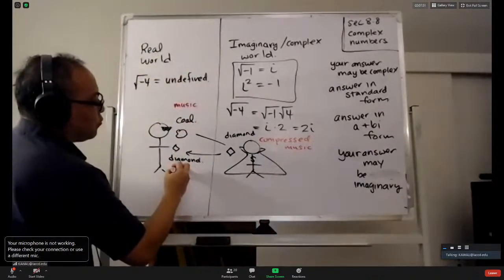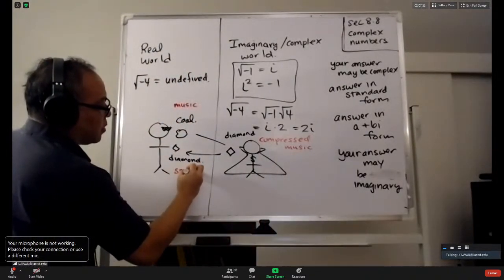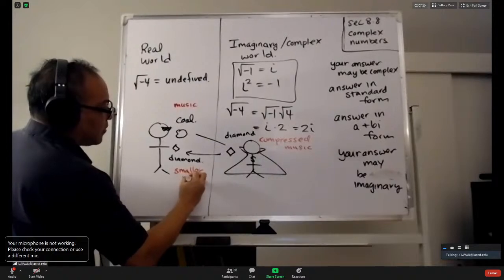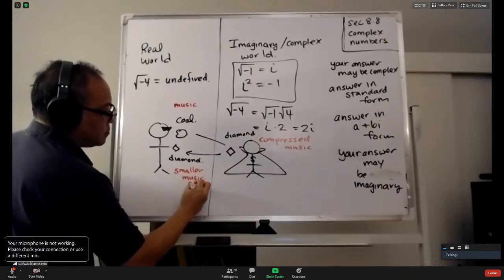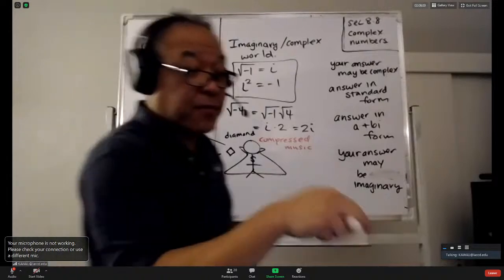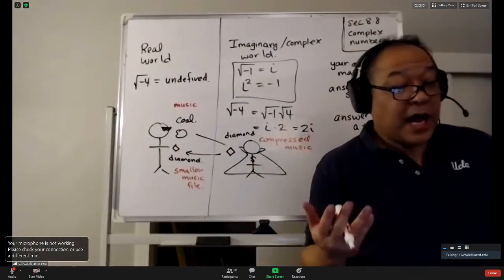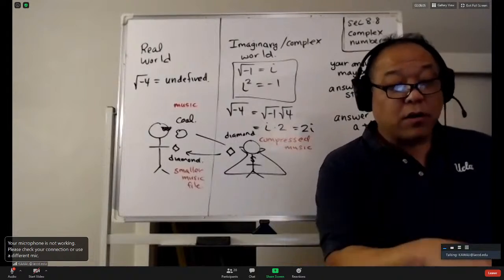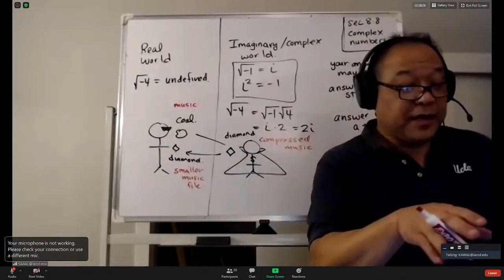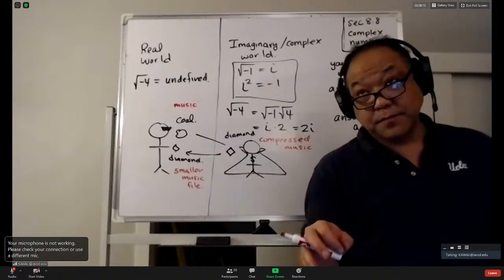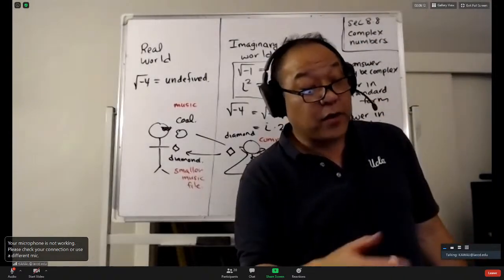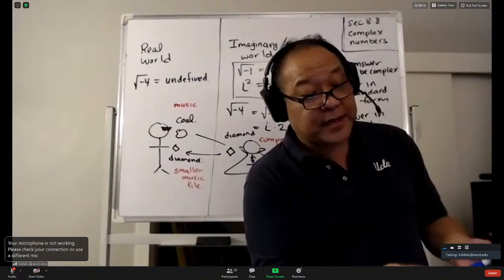Then over here, when you return it, you have a smaller music file. And then when I press on my song and listen to it on my iPhone, I now hear it in the real world. So all of your files for movies, music, photos, they're all stored as complex numbers.